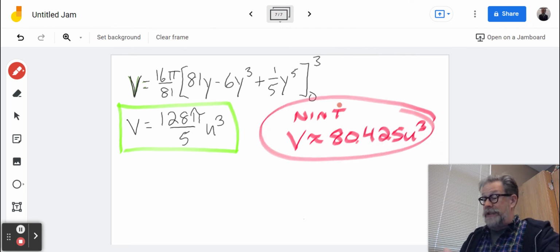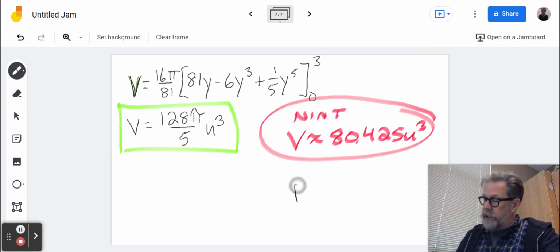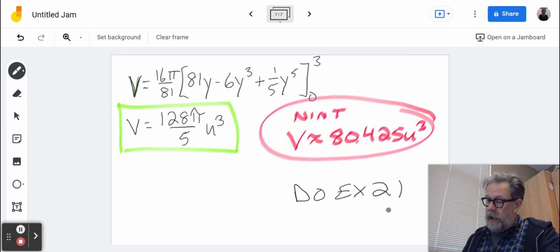It's also a good way to check your answer. Plug 128 pi over 5 into your calculator, plug in the numeric integration, see if they come up the same. All right, so my students, go ahead and do exercise 21 in the book.